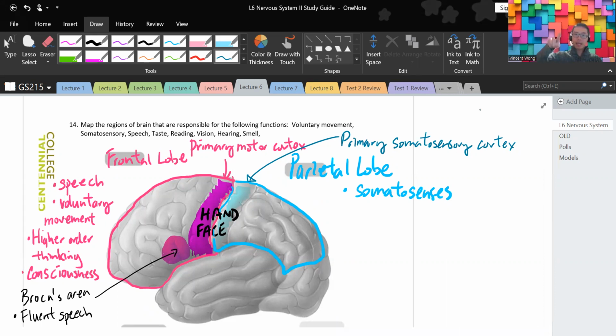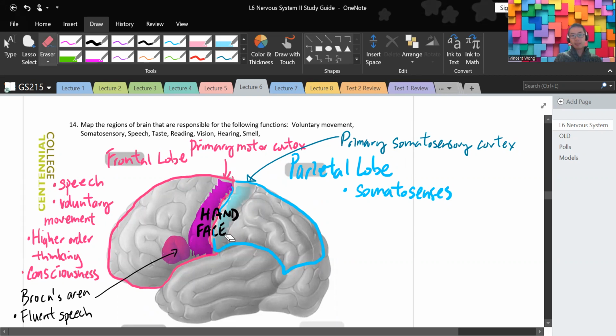That information goes up the ascending track, which ultimately ends up in the primary somatosensory cortex, right? So you will process the feeling from the right hand, for example, and then it will communicate with the primary motor cortex to cause some kind of action on the right hand, and it will go back down through the descending track. So this here is the primary somatosensory cortex.